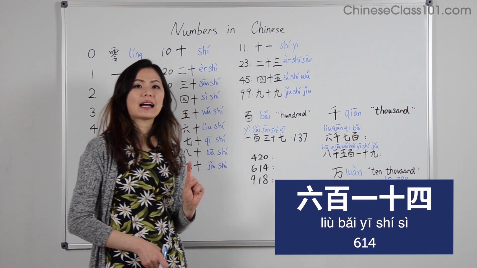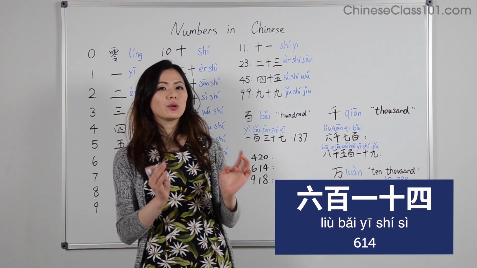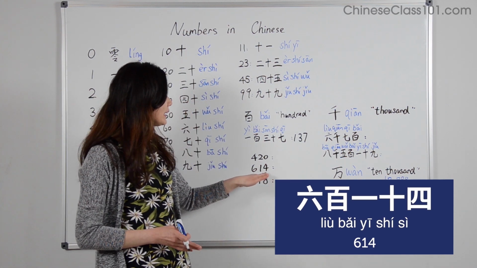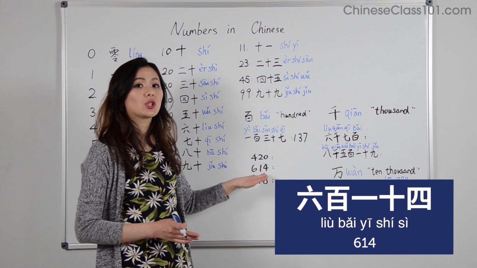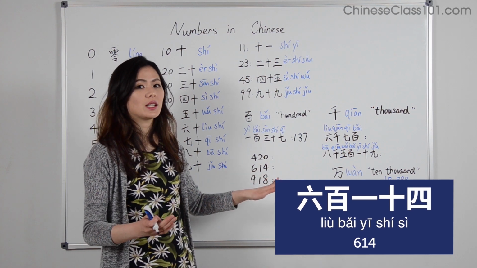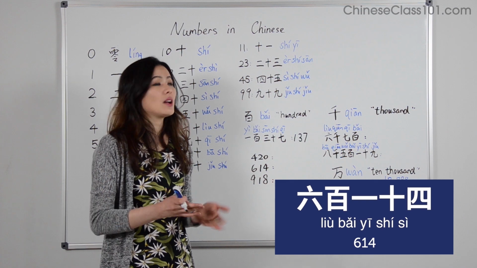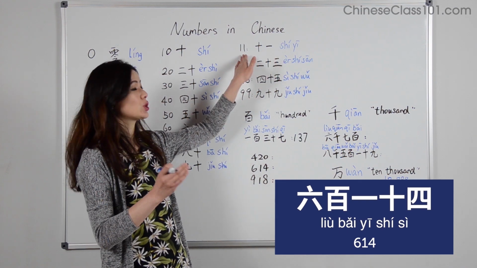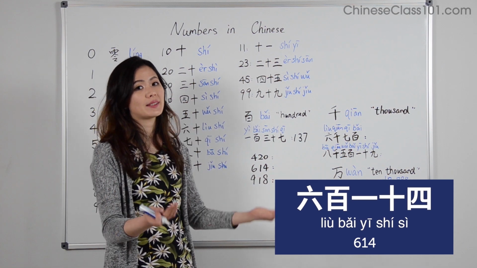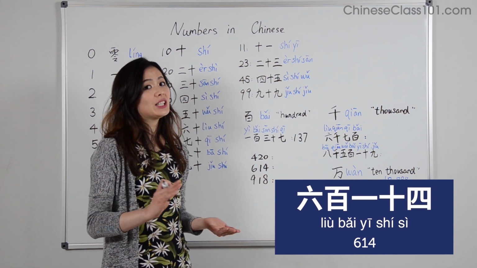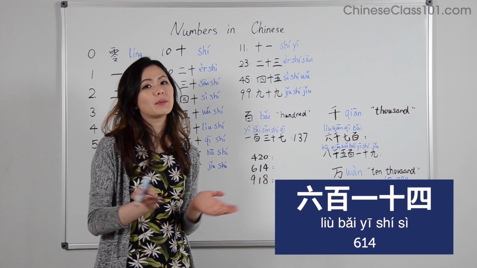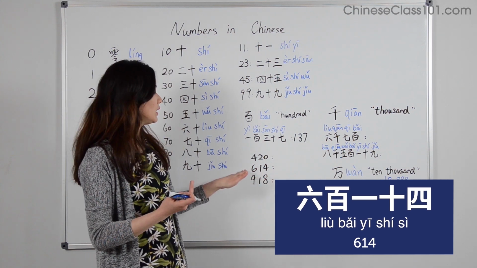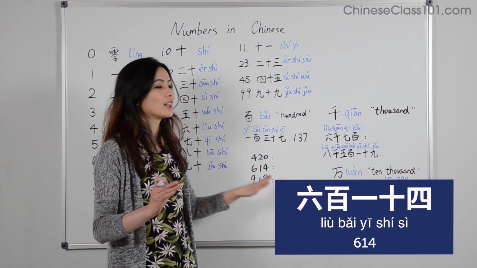Well, notice that in a three-digit number or bigger, we need to say 一十四 instead of 十四. 十四 is only used when it's by itself, like 11. We don't say 一十一. We say 十一 or 十四 by itself. But when combined in a three-digit number or higher, we need to say 614 with 一十四.